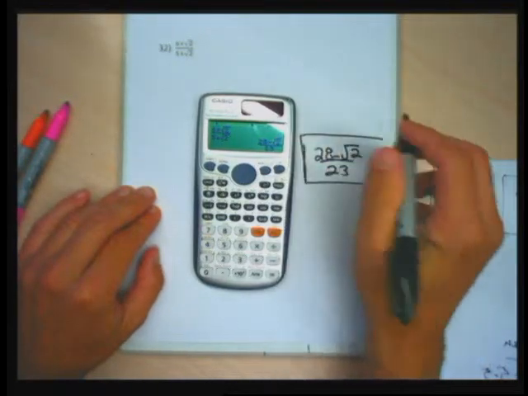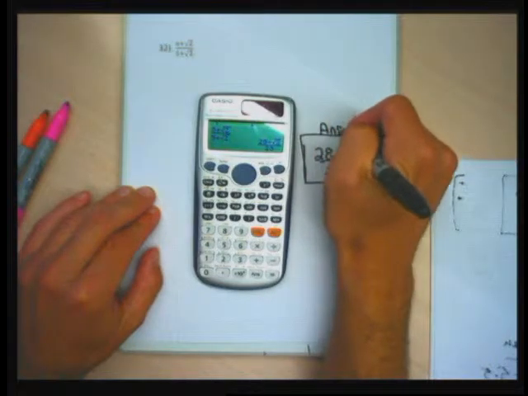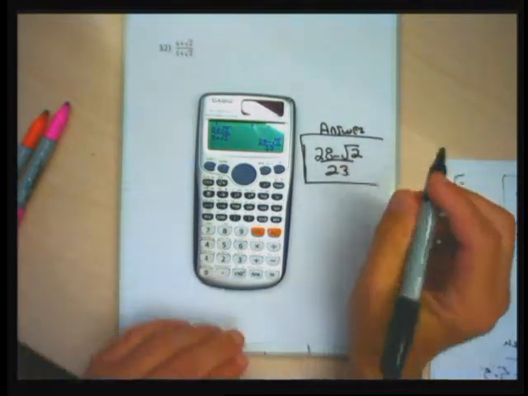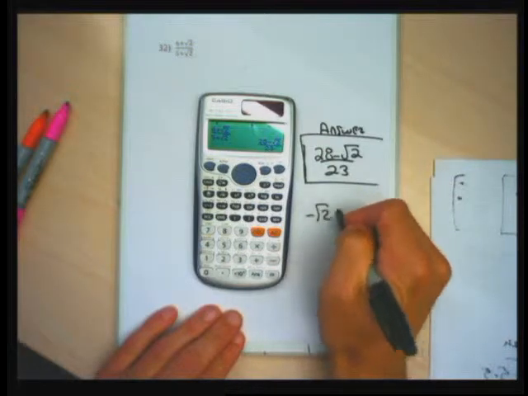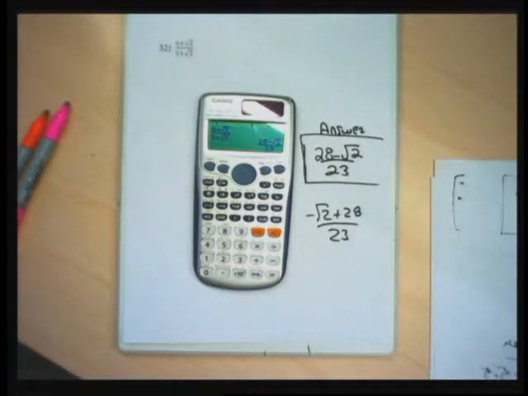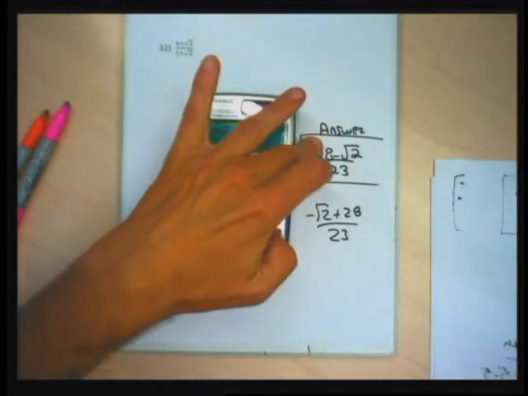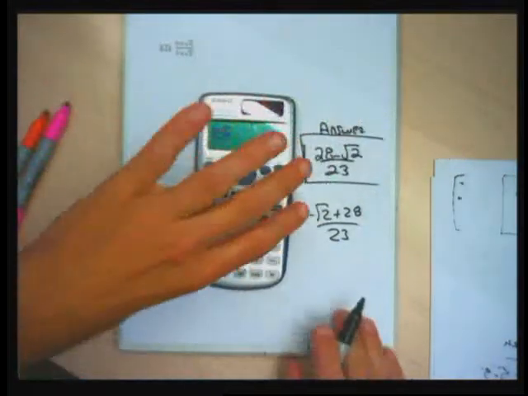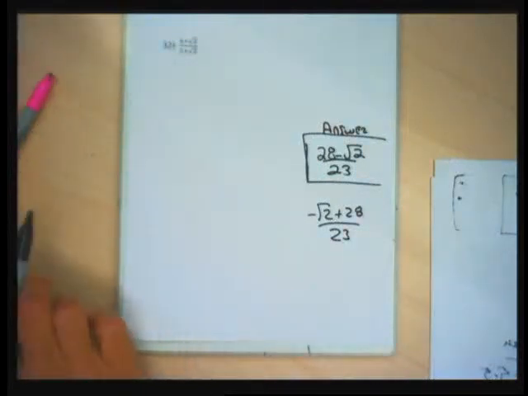If I get anything other than that, I'm going to be worried, unless I might get minus square root of 2 plus 28 over 23 for an answer. That I can live with. I'm not committed to having the 28 first and the 2 second. That would be the only variation of the answer that I'd be happy with.